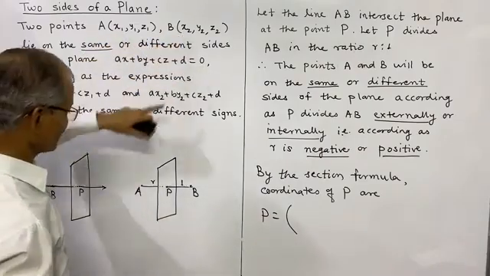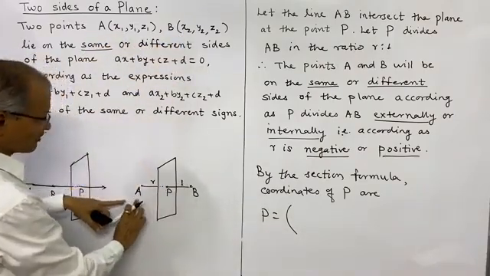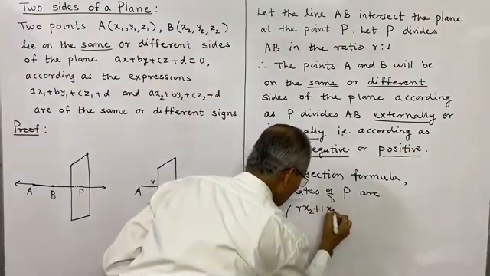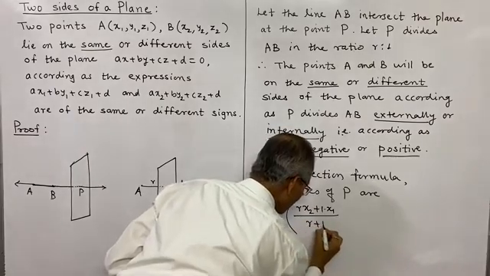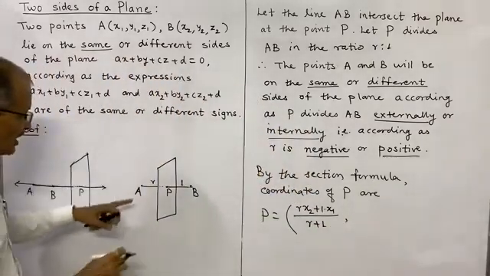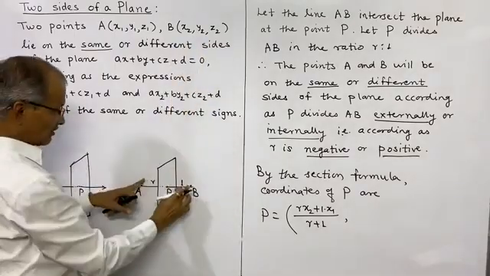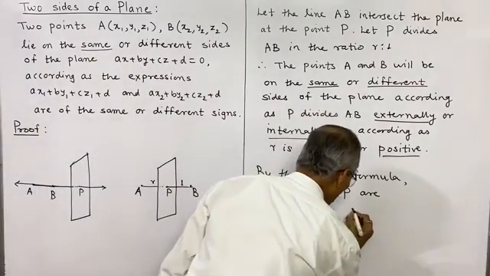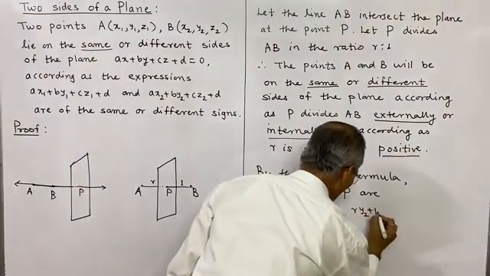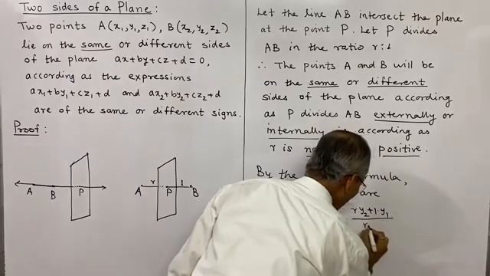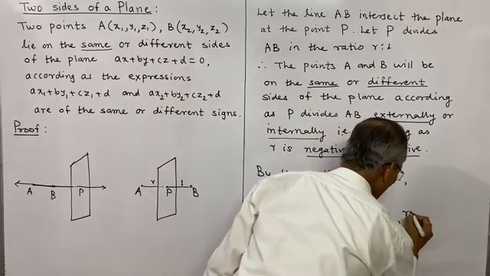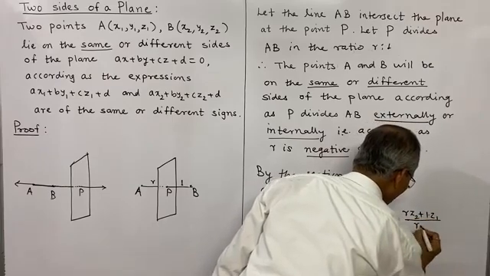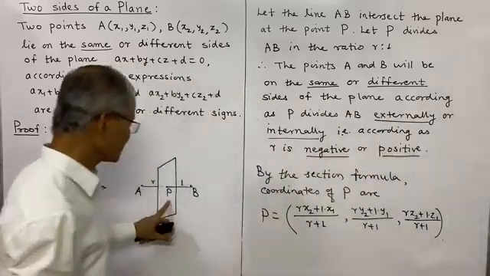The x coordinate will be R x2 plus 1 into x1 divided by R plus 1. Next, R y2 plus 1 y1 divided by R plus 1. And next, R z2 plus 1 z1 divided by R plus 1. So these are the coordinates of P.